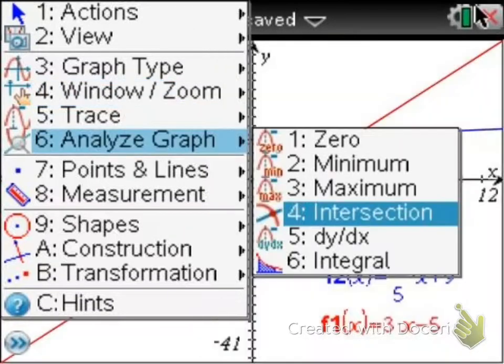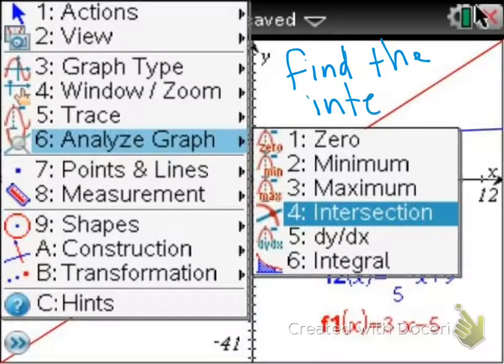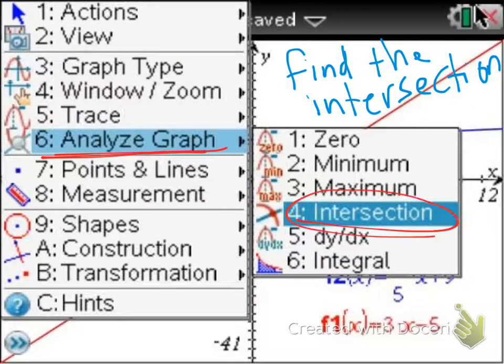After you do the Window Zoom, your next step is to find the intersection. The way that you do that is you go to menu again, choose Analyze Graph, and then choose Intersection.